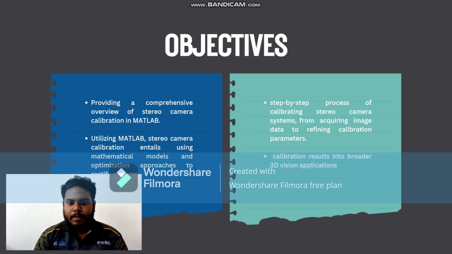Next will be the step-by-step process of calibrating stereo camera images, from acquiring image data from the pictures to refining calibration parameters. So the calibration result should be implemented into 3D vision applications.